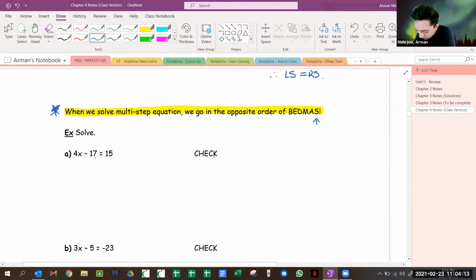I look at my subtraction over here, and I got to do the opposite of that. So I actually have to add 17 to both sides.